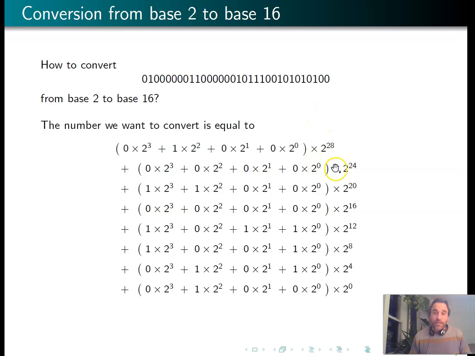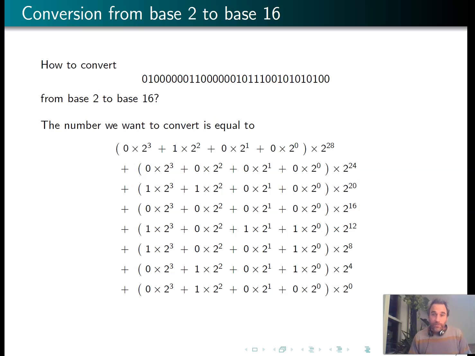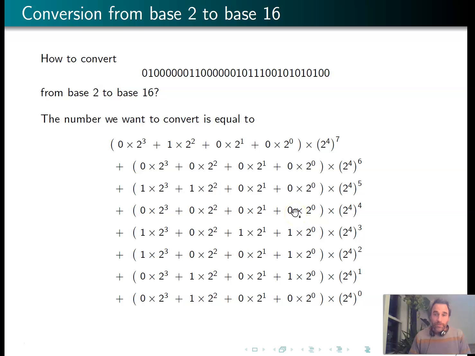So I just isolate whatever I need to isolate, so that inside the operation my maximum exponent is 3. And here these are all multiples of 4, because I grouped all the numbers 4 by 4: 28, 24, 20, 16, 12, 8, 4, 0, all multiples of 4.